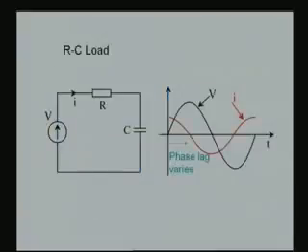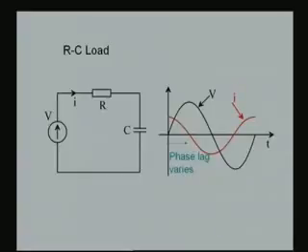Now, in the case of the RC load, something similar happens. Have a look at this circuit in the waveform. You have the voltage source and R and a C, and we are interested in the voltage source waveform and the current through it. The black waveform again indicates the voltage and the red waveform indicates the current.